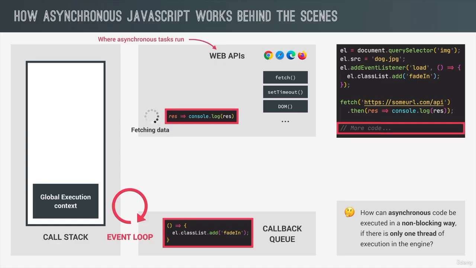So the callback queue is also a to-do list of a kind, but with tasks that the call stack will eventually have to complete. Now, in this example, there are no other callbacks in the queue yet, but there could be, of course. So if there were already other callbacks waiting in line, then this new callback would go straight to the end of the queue, and there it would sit patiently for its turn to finally run.